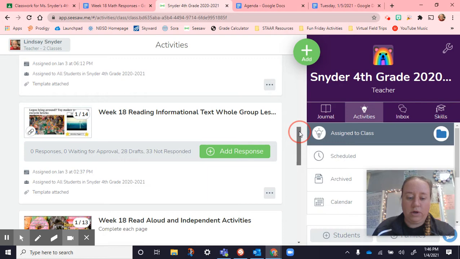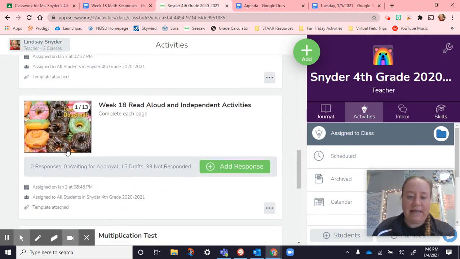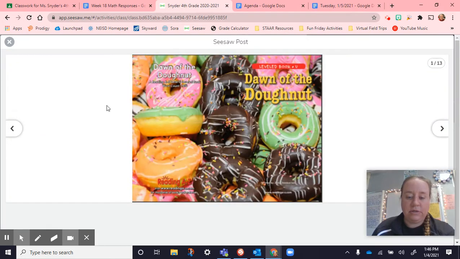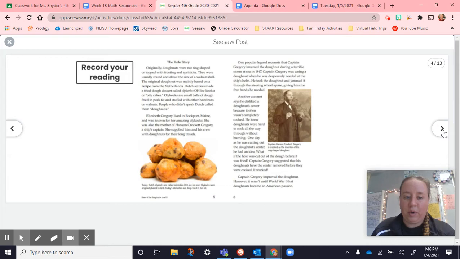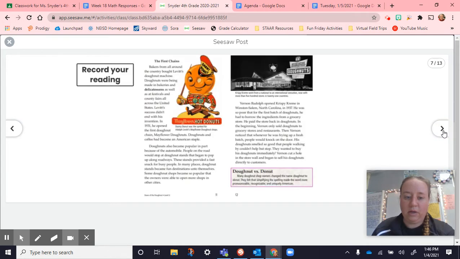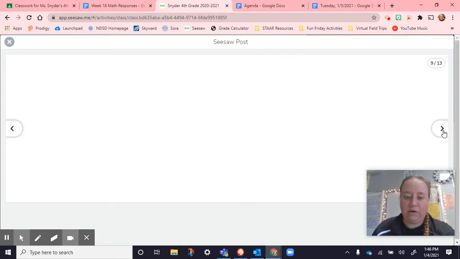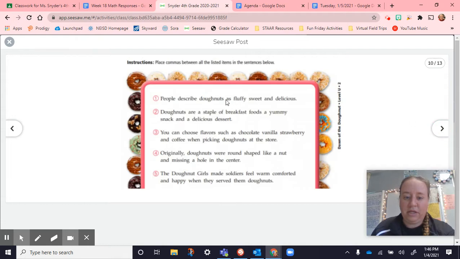Then you have your read aloud and independent activities. For here, you're reading The Dawn of the Donut. Again, you're filling out causes and effects, and you're recording your story. I want you to read this and record it for me. Then you've got page 10 where you're putting in commas where you've got lists of items and things like that that need commas.